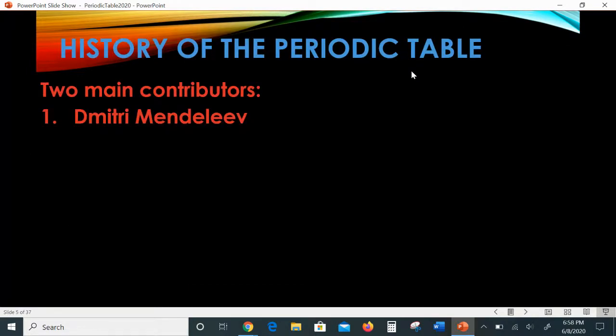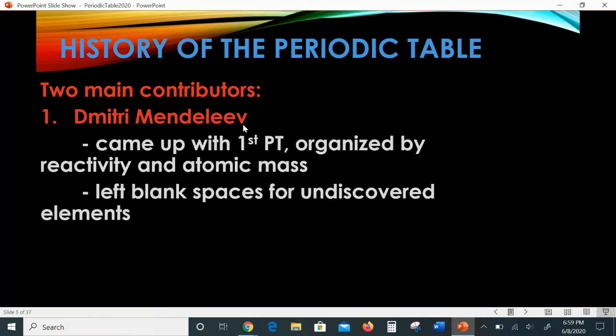Okay, the history of the periodic table, again, not a lot of stuff here to memorize. You should know that Dmitry Mendeleev, well, you should know two things. One, that the periodic table is based on the number of protons. And two, that Dmitry Mendeleev almost figured that all out, except he figured it out because at the time all he could tell was atomic mass. So he organized it by reactivity and atomic mass.